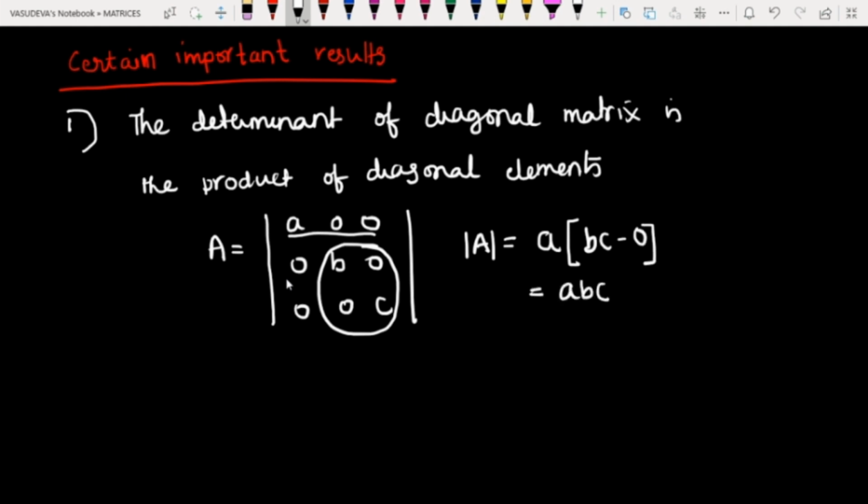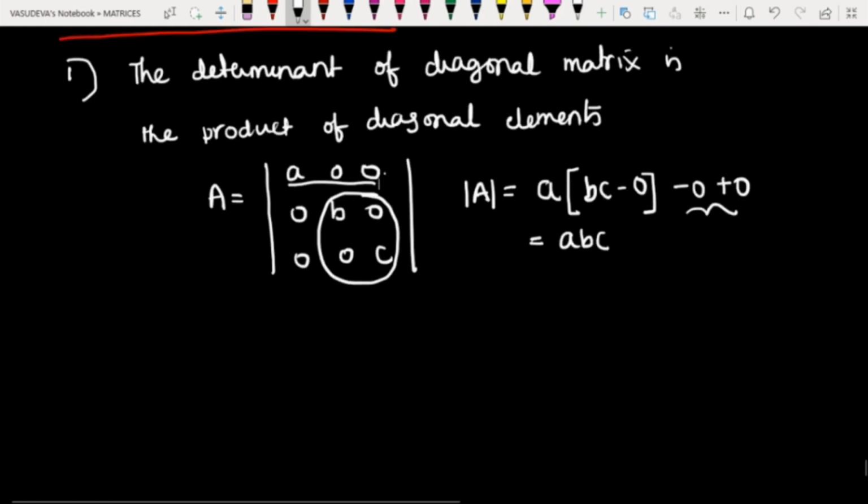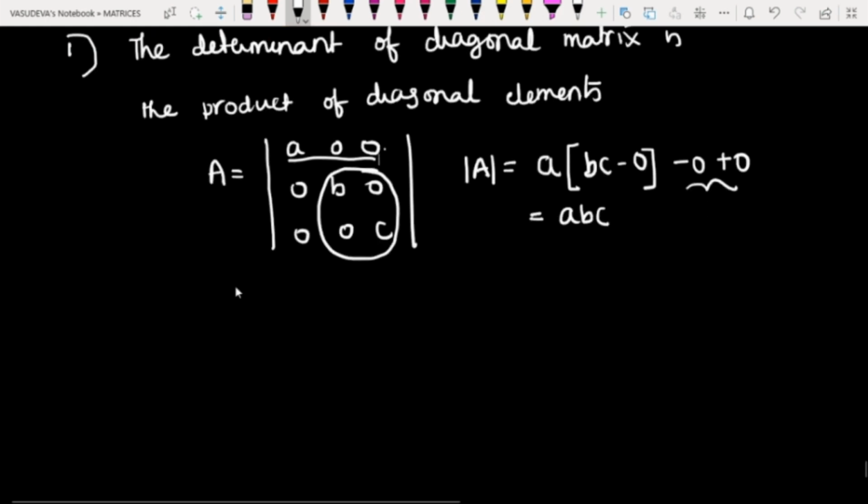So I am not writing the remaining elements, that is minus 0 plus 0, because in the first row the two elements are 0, the first element is A here. So we can conclude that the determinant of the diagonal matrix is the product of the diagonal elements. Here the diagonal elements are ABC.